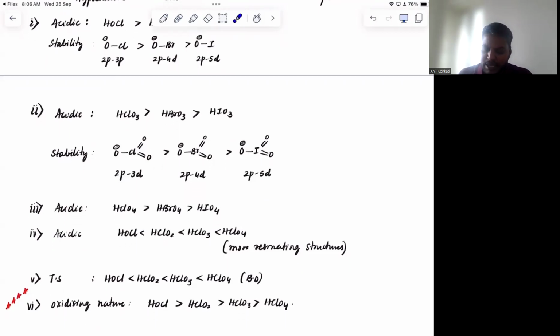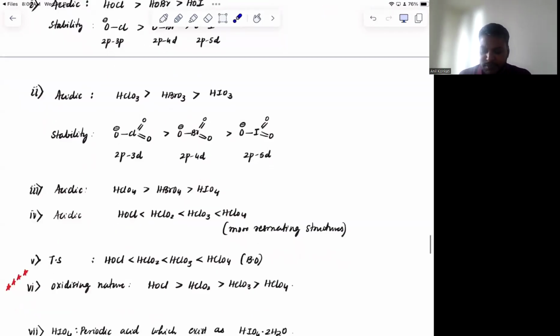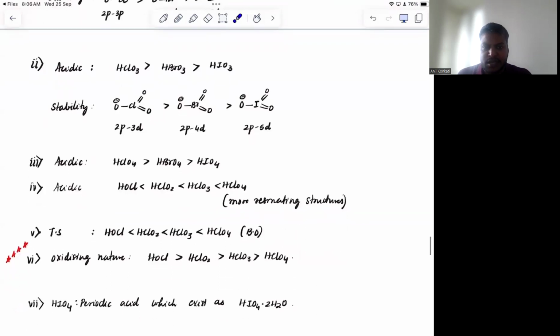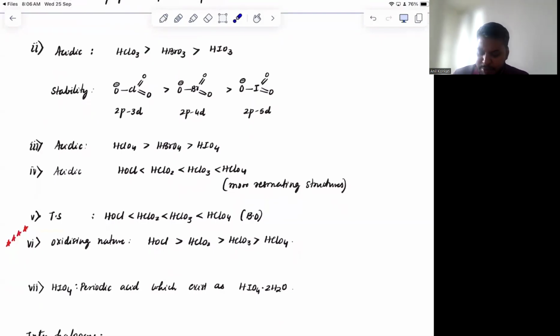If you notice the acidic character of HClO4, again HClO4 will be greater than HBrO4 and HIO4. Now, for the acidic strength of HClO4, this will have more resonating structures, so it has more acidic nature. That is the reason why it is more acidic.